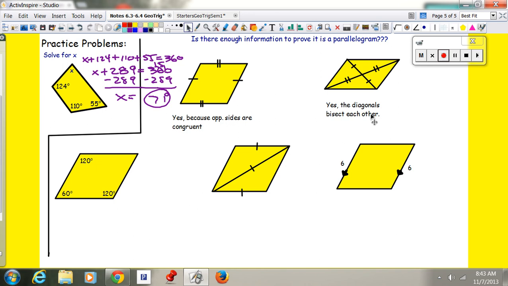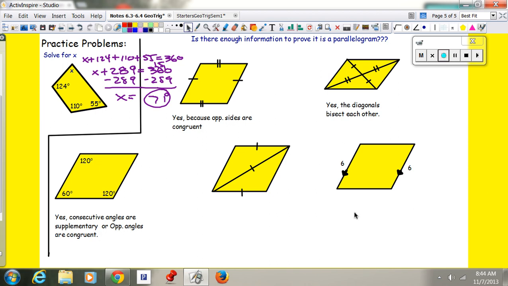Is this enough information? Because consecutive angles are supplementary and opposite angles are congruent on that one. So consecutive angles are supplementary or opposite angles are congruent. You could actually use either one of them to prove that this one's a parallelogram. Because you see the opposite angles being equal and you see the consecutive angles being supplementary.